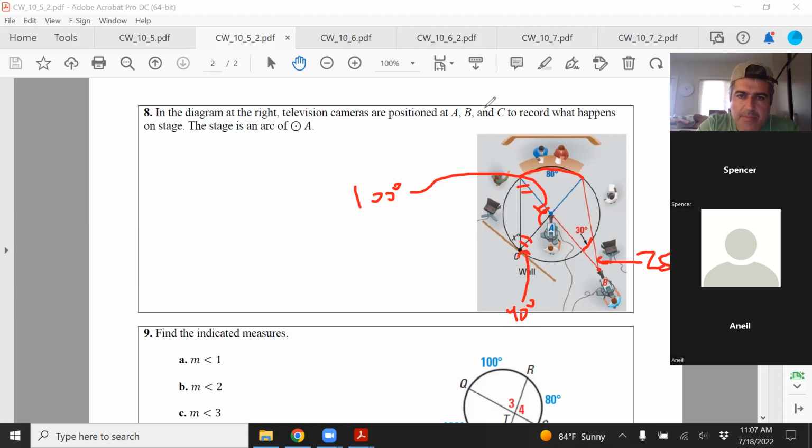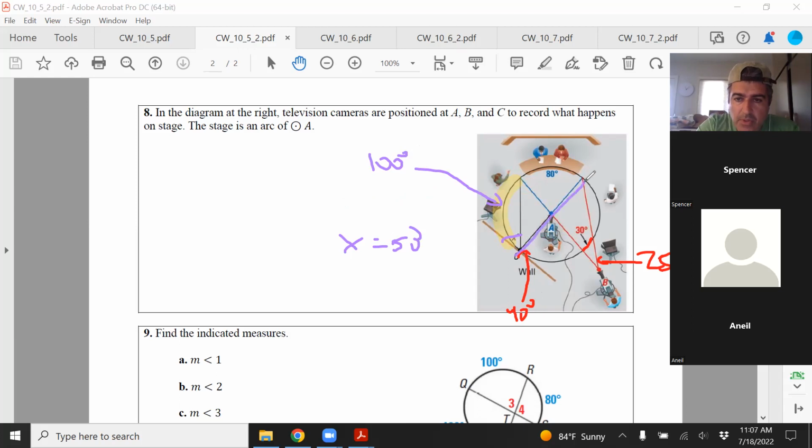Oh, yeah, here we go. Got it. Yeah, this is a tricky one. This is gonna be 100 degrees right here. Let me get a highlighter. That arc is 100 degrees. So then this has to be 50 degrees. And how do I know that's 100?